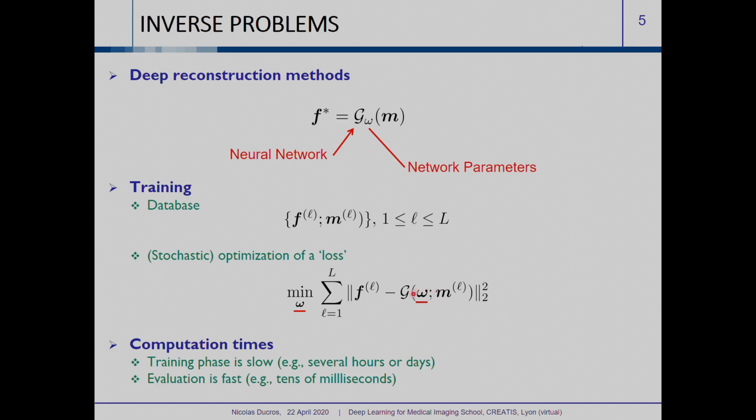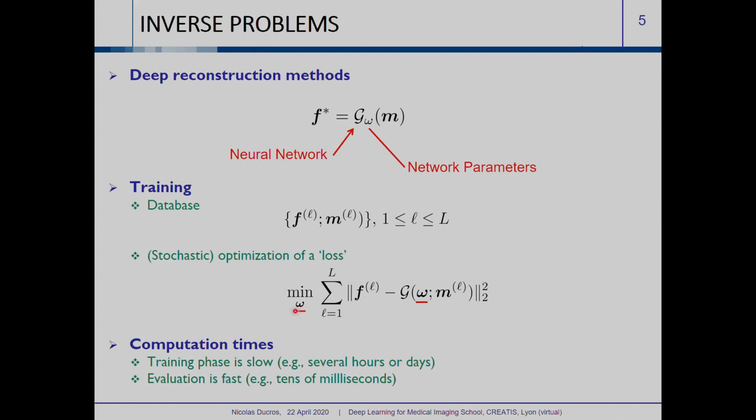And omega here is the parameter we want to tune such that those two quantities are close, which means that our network actually reconstructs the image f. And we minimize this loss over omega.